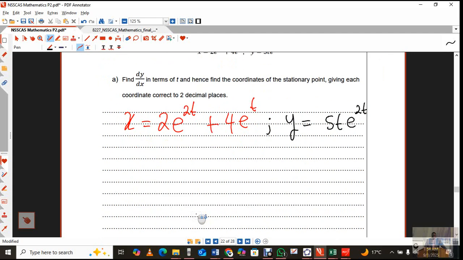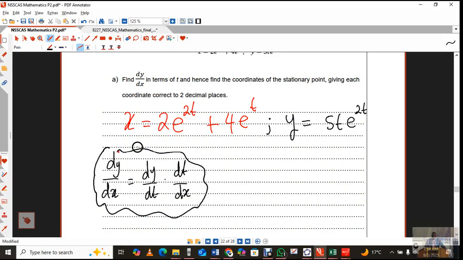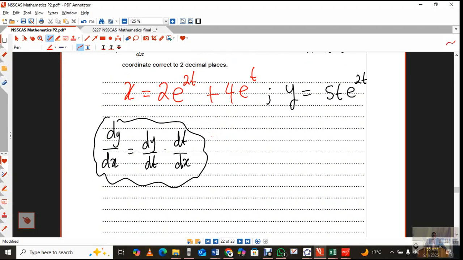Chain rule: remember the chain rule is dy/dx equals dy/dt times dt/dx. This is what we need to be able to establish. If we look at the red one, it's going to give us dx/dt. So the red one is dx/dt.